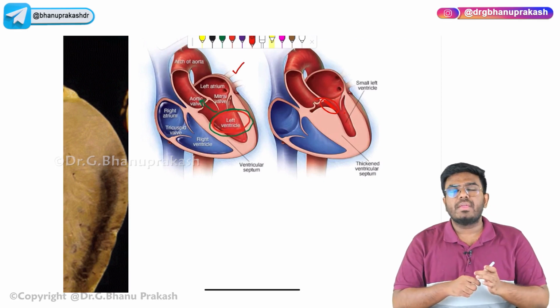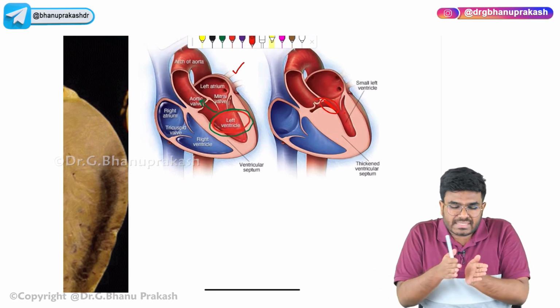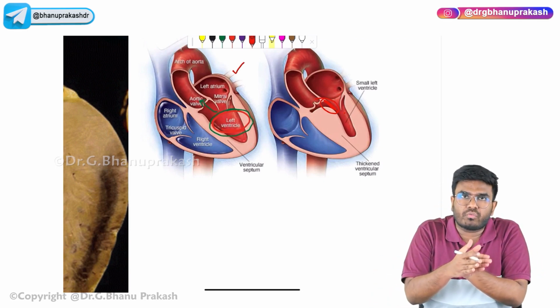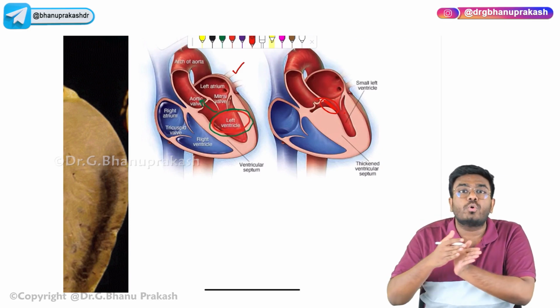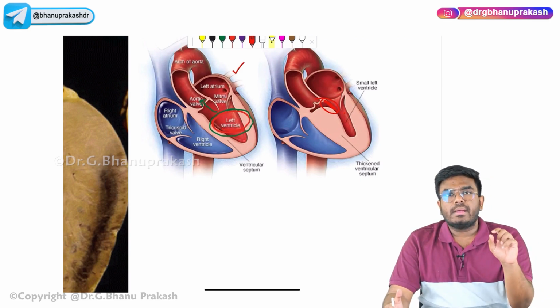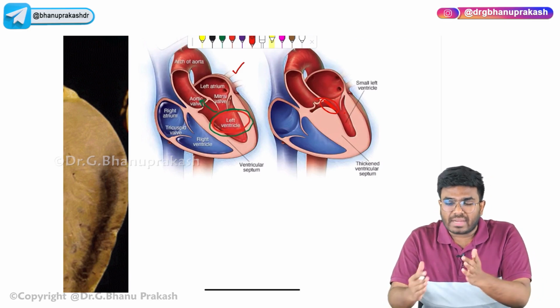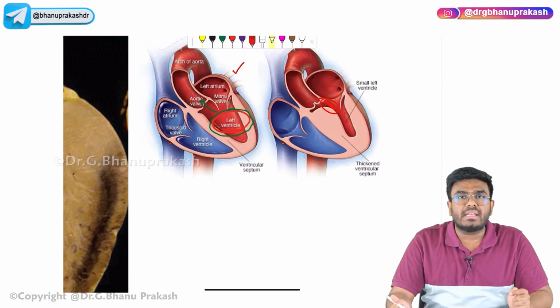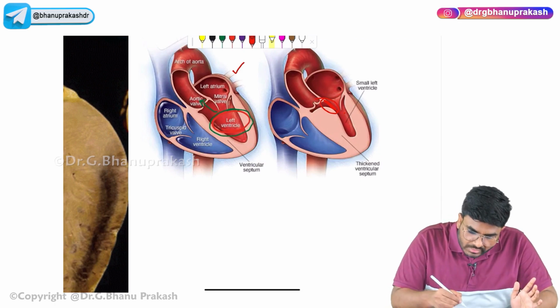In the same way, whenever there is a subaortic stenosis, there is a narrowing or funneling of the left ventricular outflow tract. Whenever the blood flows through this outflow tract, it creates a great velocity that will cause the displacement of the anterior leaflet of the mitral valve. So now tell me what happens.